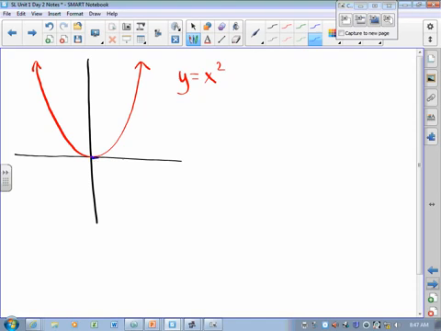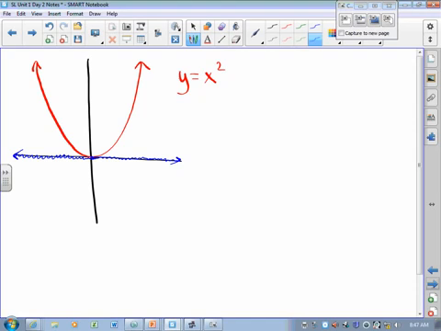Well, it blocks light all the way this way, and that arrow on the end of the parabola means that keeps going. And it blocks light all the way through here, going like so. That parabola is blocking an awful lot of light from getting through to the x-axis. So I need a way to say every x value is okay.